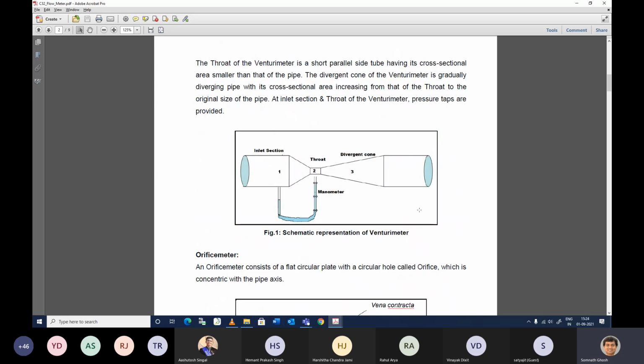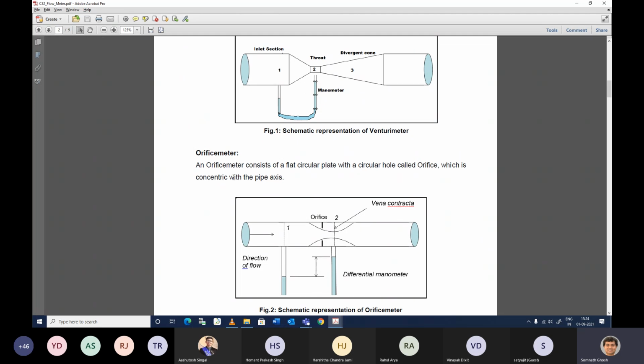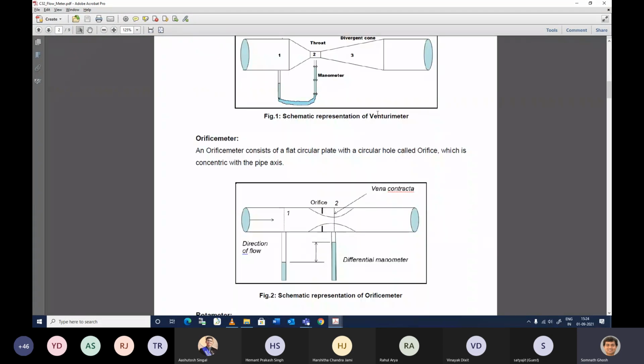The same thing you also do for the orifice meter. The reason for the development of the orifice meter is that the Venturi meter is very specific to a very specific pipe flow.